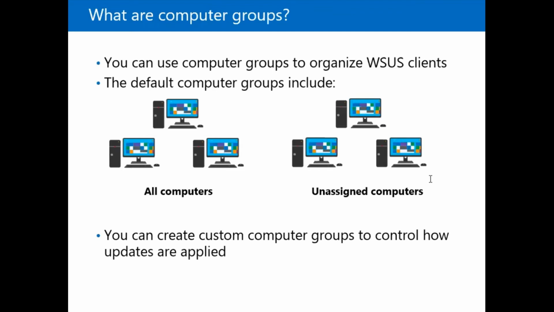So when you deploy the updates, we need to use these groups. By default, all the computers, if they are part of your domain, will be part of your All Computers group here. But if you want to create separate groups, then you will have the option to do that.